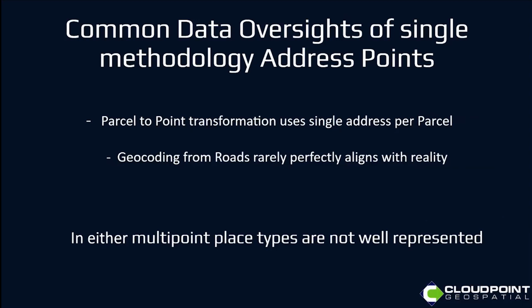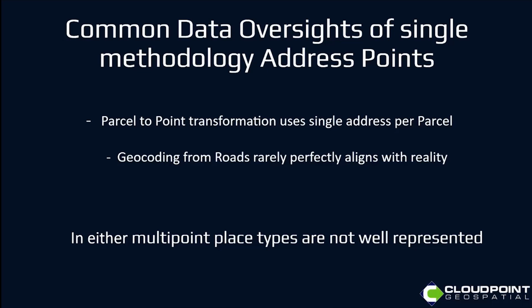So they've used their assessor's parcel data to populate a centroid-based address point field. That's good, but again, it only utilizes a single address per parcel. So for any duplexes or apartment buildings, those would be errors or missing information.